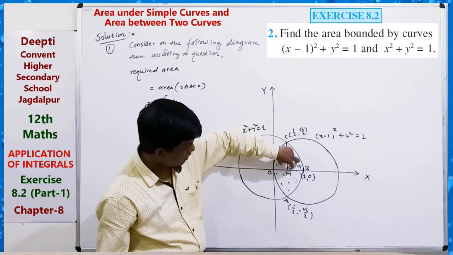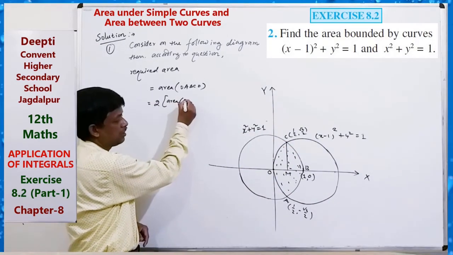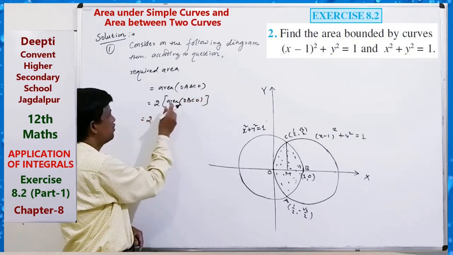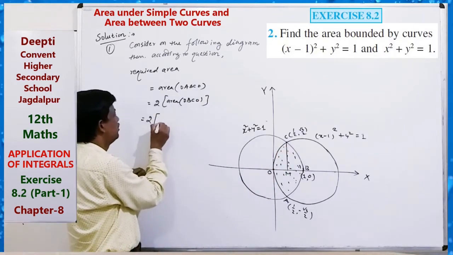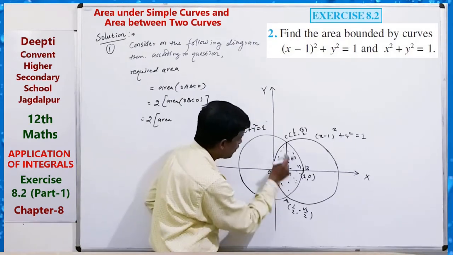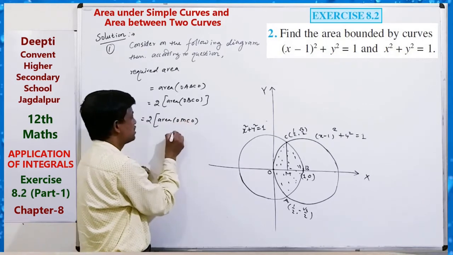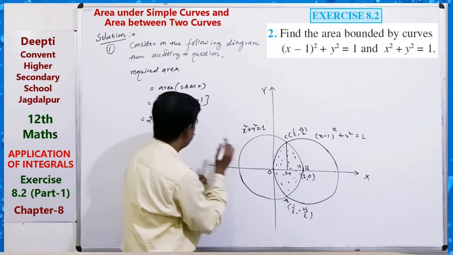So find this area and take 2 times. So 2 times the area of O, B, C, O, the area of this portion. The area of this portion equals the area of OMCO plus the area of MBCM.